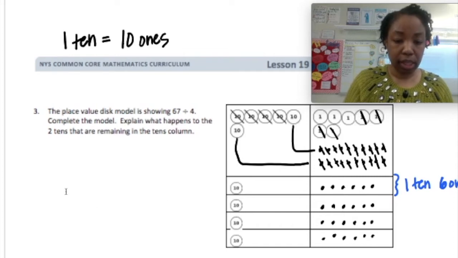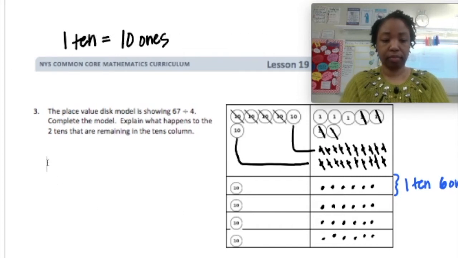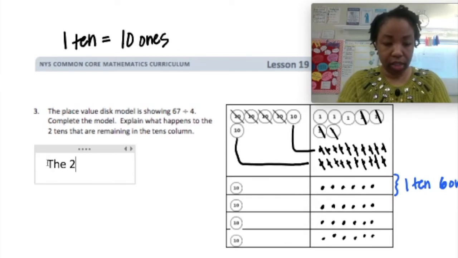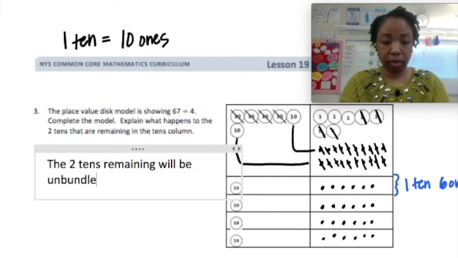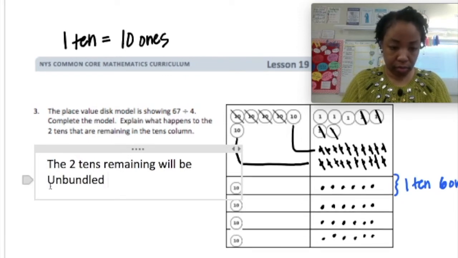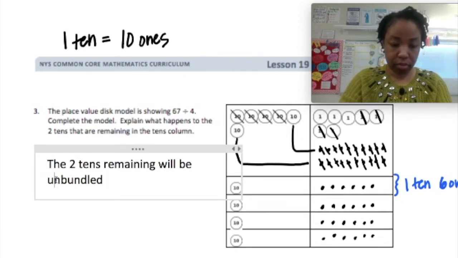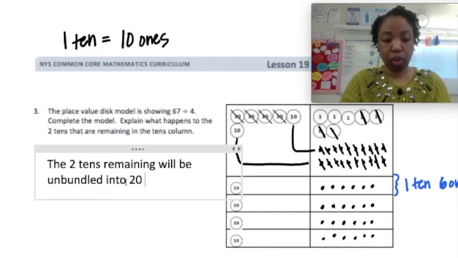All right, so let's explain what's happening here. The 2 tens remaining will be unbundled into 20 ones.